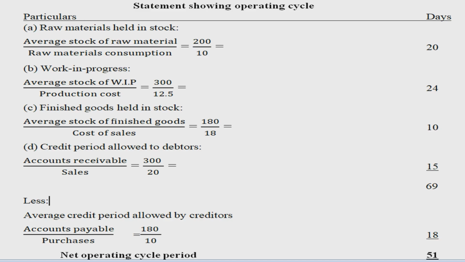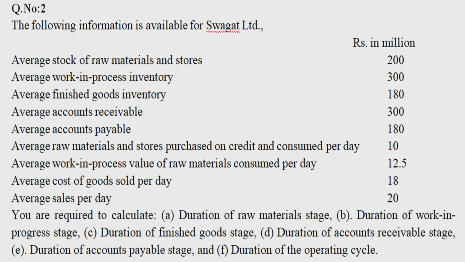Next, finished goods held in stock. Formula: average stock of finished goods divided by cost of sales. So here they have given as information average finished goods inventory 180 divided by cost of sales. Cost of sales here given is, that is average cost of goods sold per day is 18.